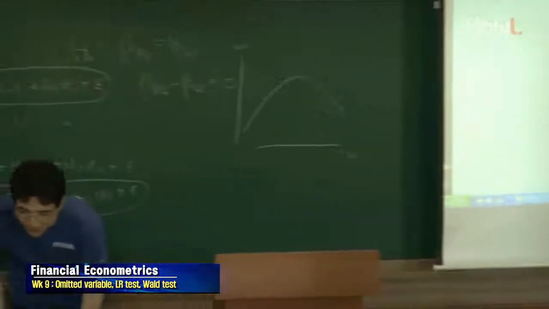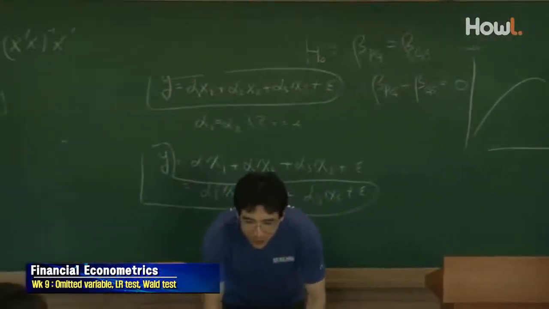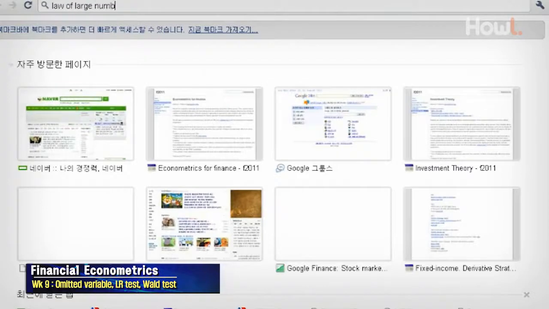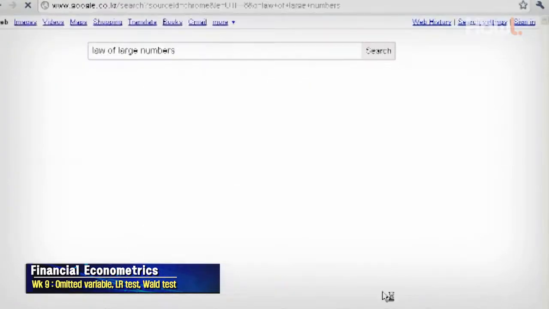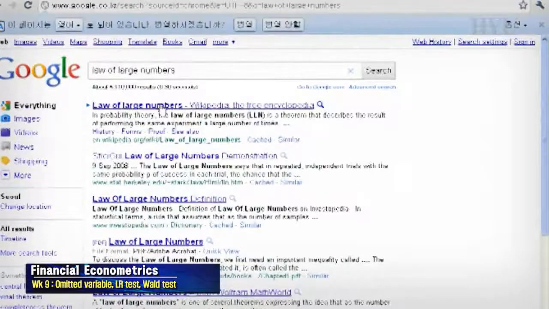It's confusing, so let me check the law of large numbers.